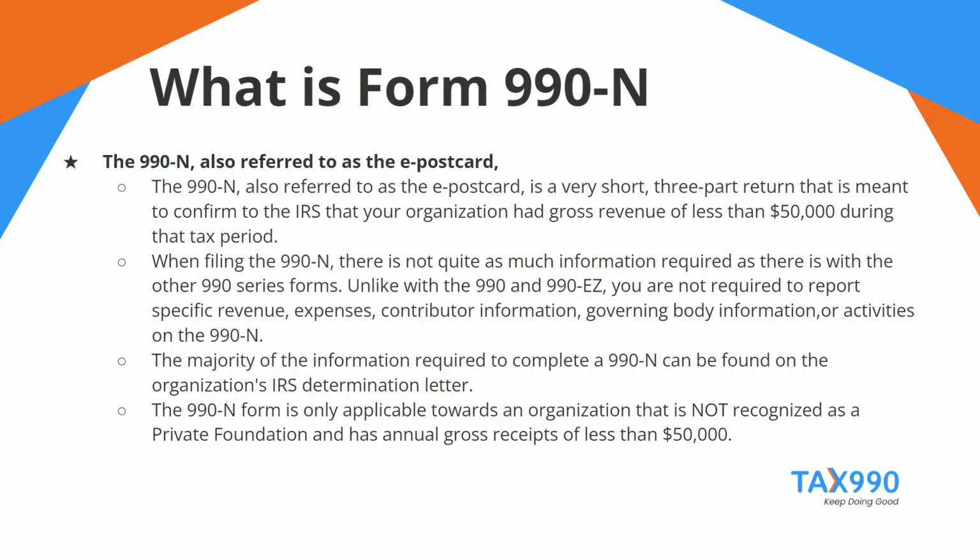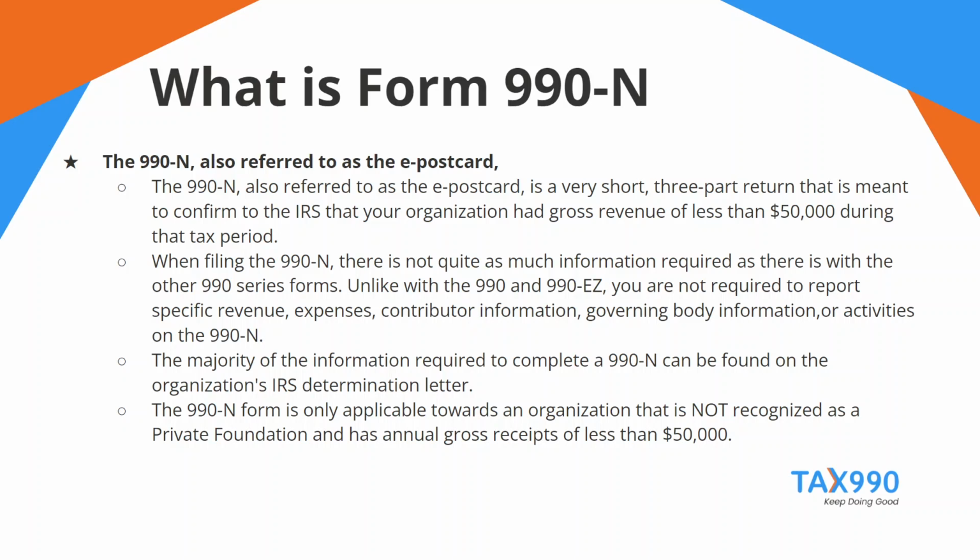When filing the 990N, there's not quite as much information required as there is with the other 990 forms. Unlike with the 990 or 990EZ, you're not required to report specific revenue, expenses, contributor information, governing body information, or activities on the 990N.